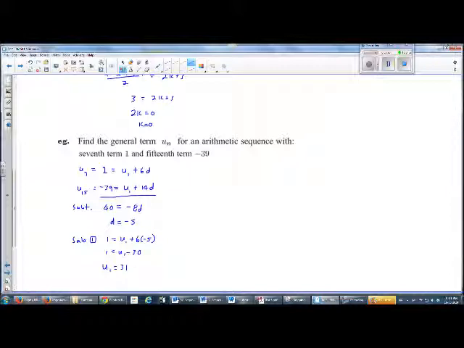Therefore, when we go for the general term, we know that u1 is 31, and d is negative 5, and we multiply that by 1 less than the term number, and we just expand that in, so we get 31 minus 5n plus 5. Therefore, and finally, the general term un is 36 minus 5n.